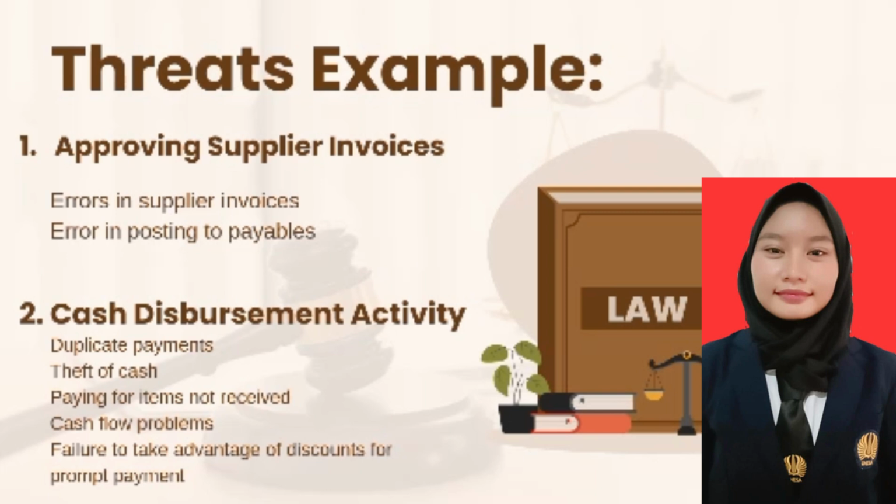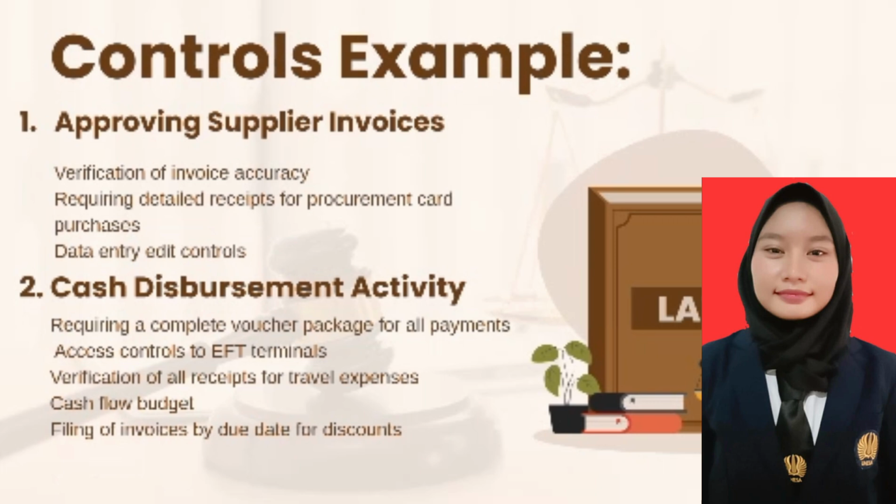Fourth, cash disbursement activity: duplicate payment, theft of cash, paying for items not received, cash flow problems, and failure to take advantage of discounts for prompt payment. The example controls for approving supplier invoices are verification of invoice accuracy, requiring detailed receipts for procurement card purchases, and data entry controls.